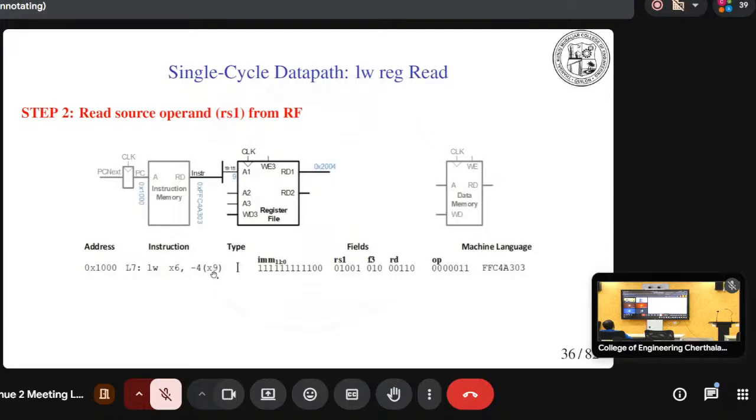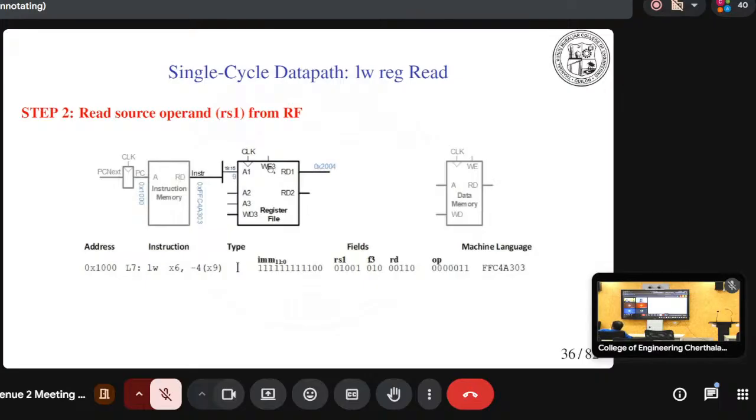X9 is my source register, which corresponds to 1001. So from the instruction memory, we'll go to register number 9, and assume that in register X9 I have the value 2000.